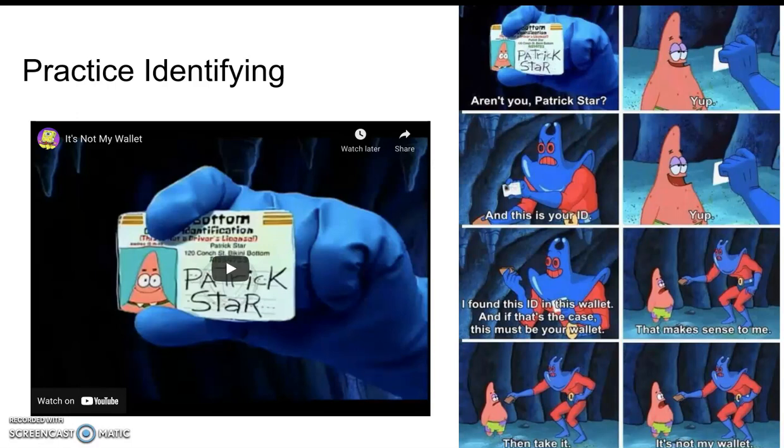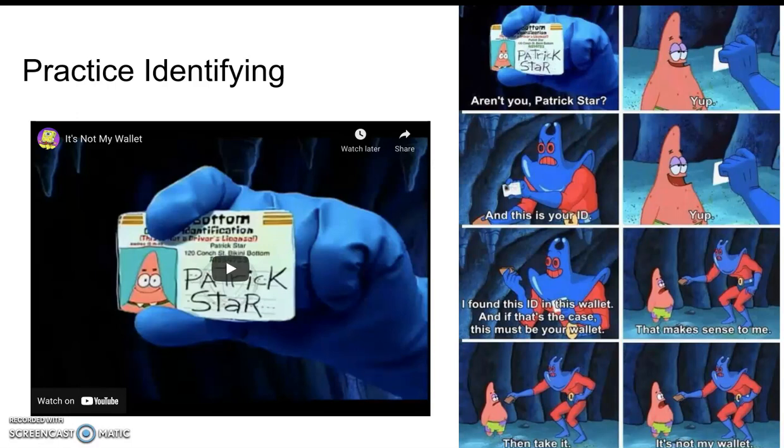So we have to remember that the rationale is taking the data and telling the reader how it's connected, how it's strong. So we see here that some data they have is the idea that this ID card has Patrick's name on it. It has this image on it. Patrick's right there. It looks similar, right? So we know that's the evidence.